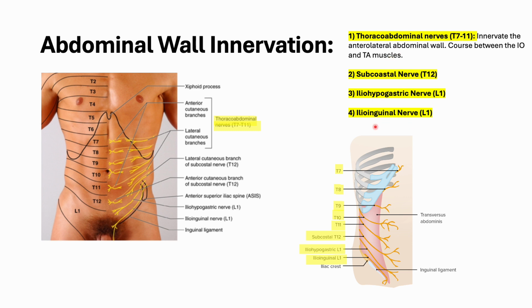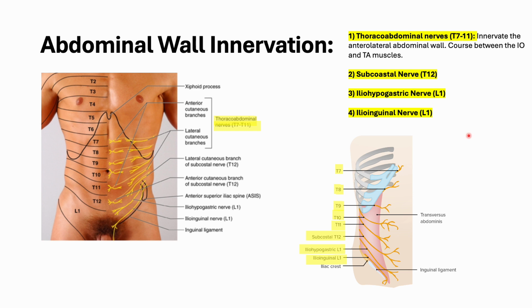So the thoracoabdominal nerves we said were T7 to T11. You can see them right here, T7, T8, T9 until T11.